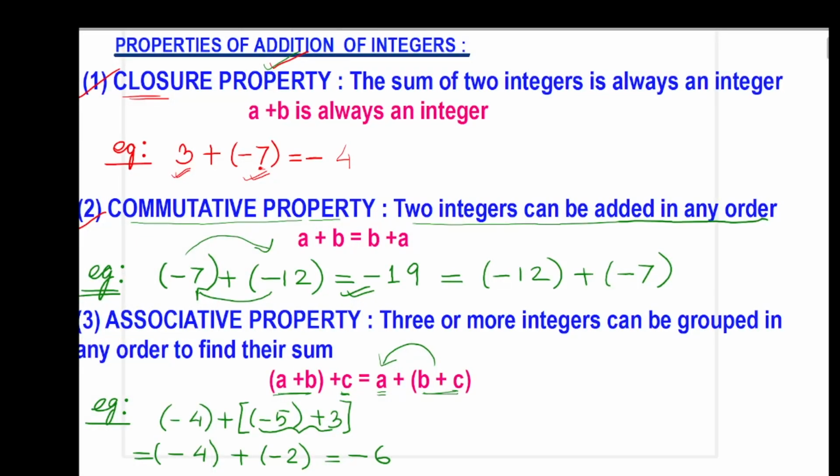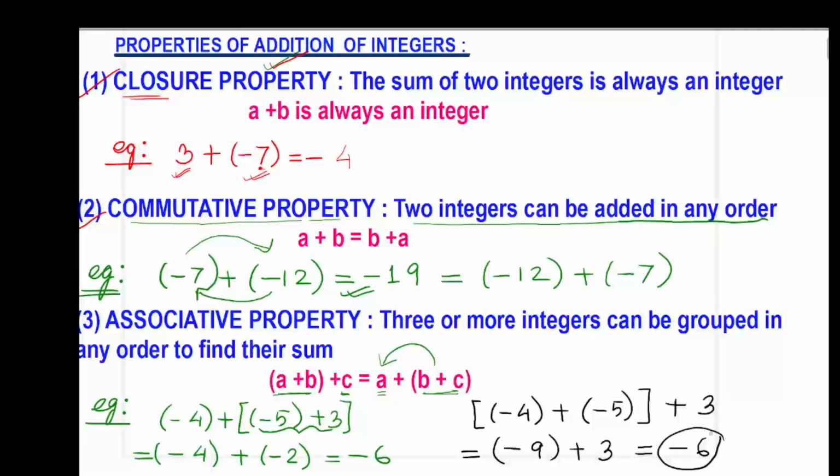Again, if we add minus 4 and minus 5 first, then 3, what will we get? Minus 9 plus 3. So our answer is minus 6. Now see, minus 6, here also minus 6. So integers satisfy the associative property under addition. That means if both answers are the same, then only it is satisfied.